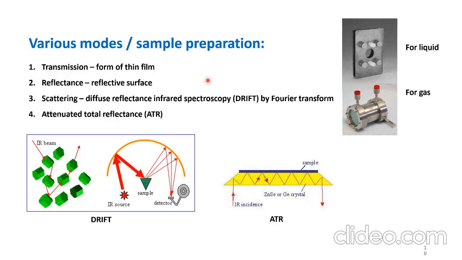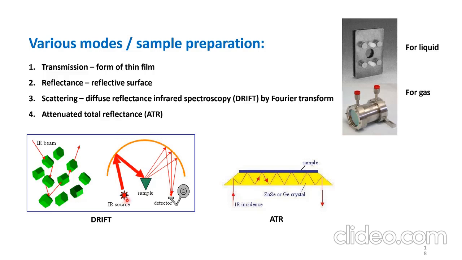So signal to noise ratio will be very low. In such cases, we use DRIFT, that is diffuse reflectance IR spectroscopy by Fourier transform. In this case, we use a semi-spherical surface kind of thing.